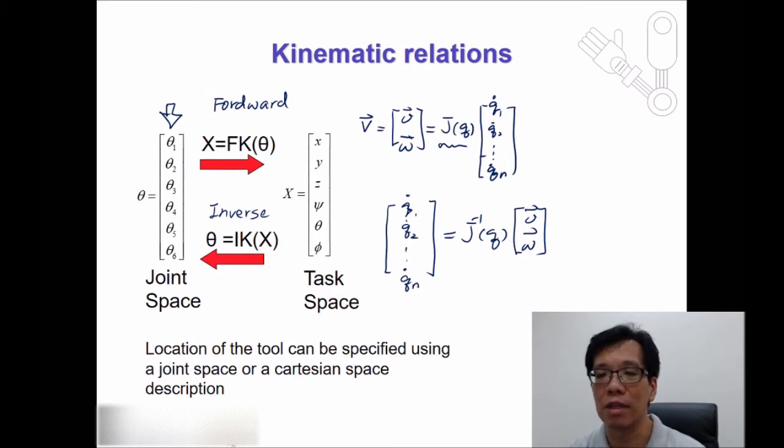But the basic idea is, yes, we can convert the position from the change of input parameters. We can also find out the change of parameters based on my current velocities at the end of a robotic device. That is how we interchange the information between both sides.